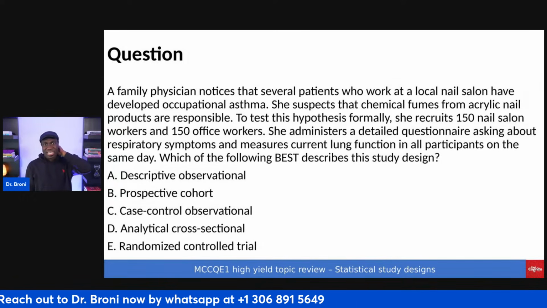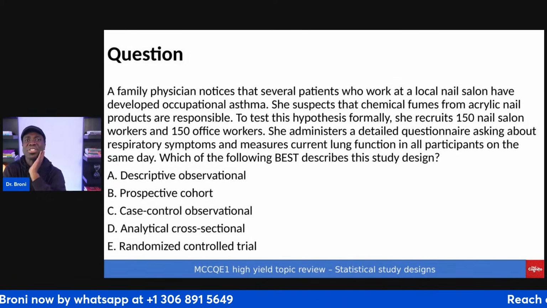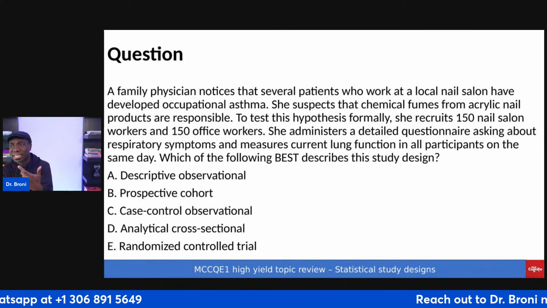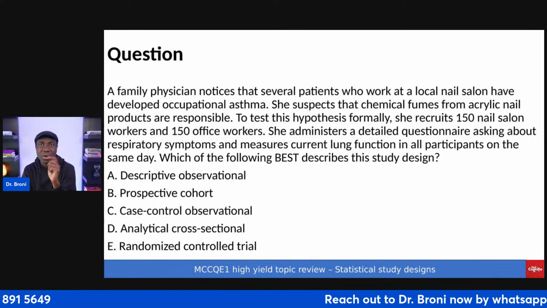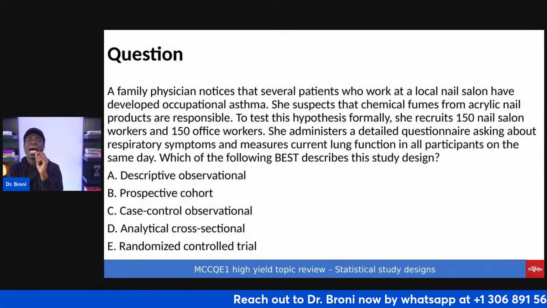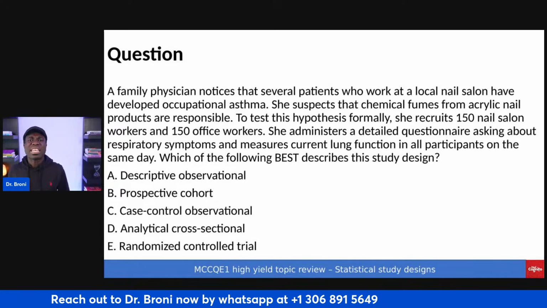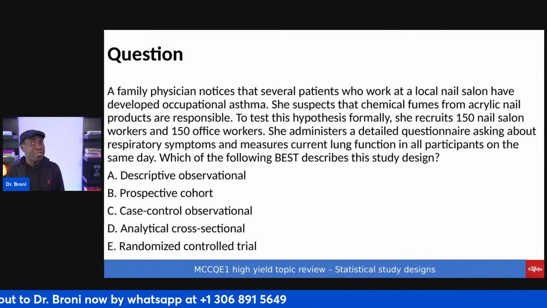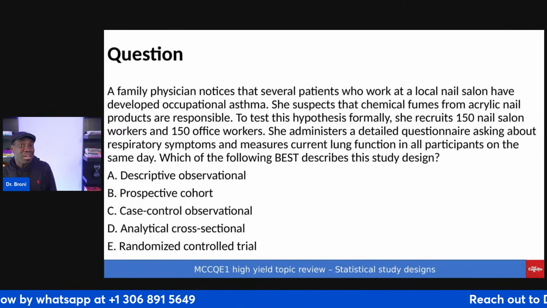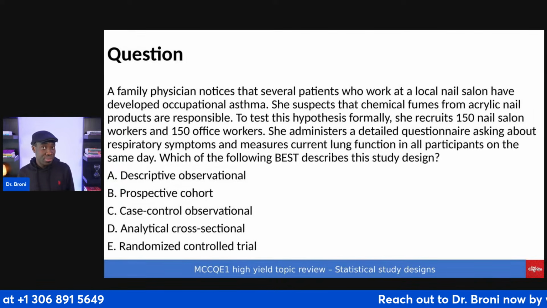So the next question is this. A family physician notices that several patients who work at a local nail salon have developed occupational asthma. She suspects that chemical fumes from acrylic nail products are responsible.